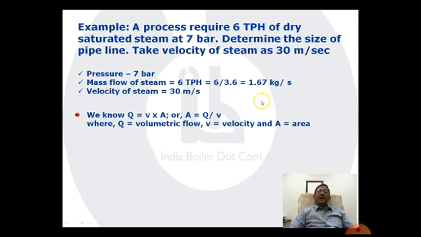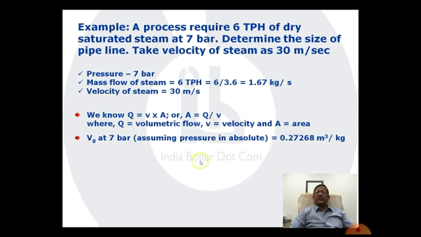So what I do, again by default this pressure has to be assumed as absolute pressure. Assuming the pressure is absolute, I refer to the steam table. From 7 bar pressure, I take the dry saturated steam volume Vg as 0.27268. You don't need to assume, it's already given, dry saturated steam.